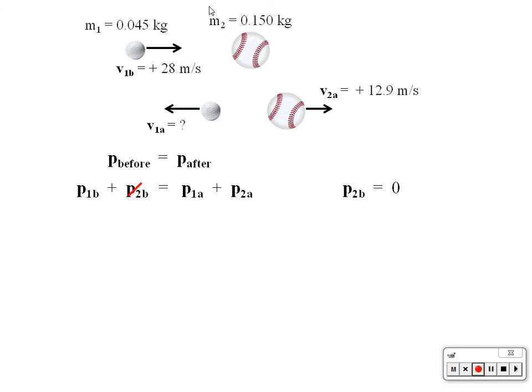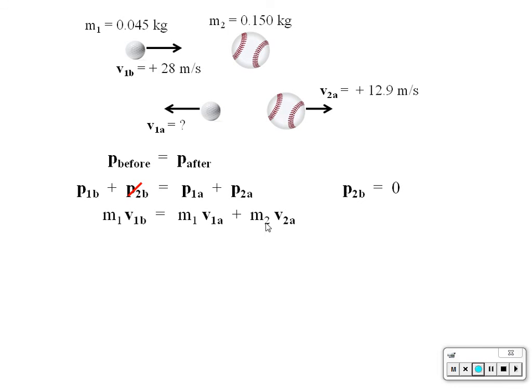I know that the baseball is stationary, so I'll put my 0 term in there. Momentum of the golf ball is equal to its mass times its velocity before the collision. After the collision, the momentum of the golf ball is equal to m1 v1a. The momentum of the baseball is m2 v2a. Our unknown is v1a, so we want to solve for this term.